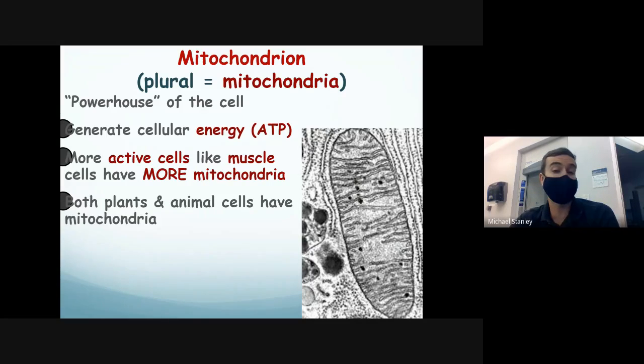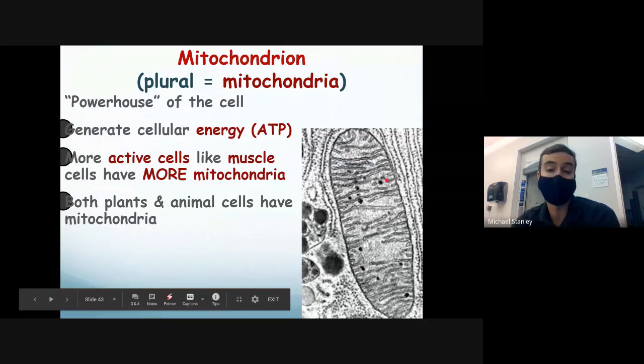Plant cells and animal cells have mitochondria. Most eukaryotic cells have mitochondria in them. So even though plants make their own energy from the sun, the way they do that is that they first go through photosynthesis to make sugar, to make glucose, and then they send that sugar to the mitochondria to be broken down into energy for the cell.